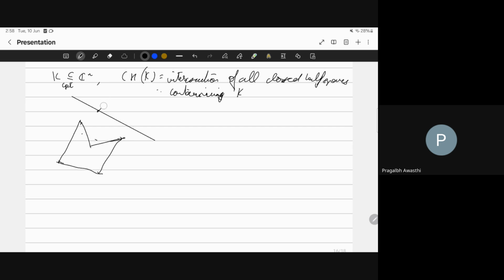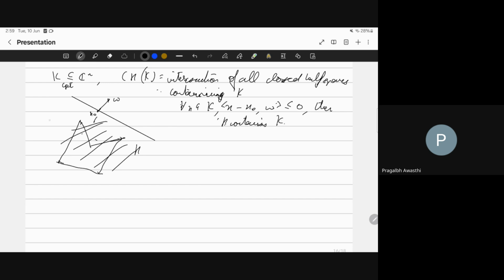And this hyperplane will divide the space into two parts, one part on this side, one part on this side. Suppose this is the point x naught, and this is the vector w. If for all x belonging to K, the inner product of x minus x naught with w is less than or equal to 0, then I say that this half space H contains K.